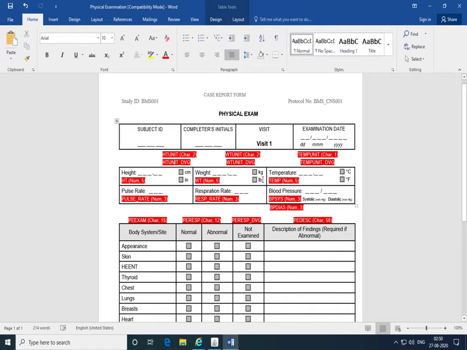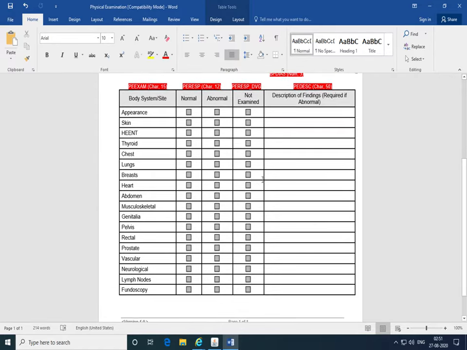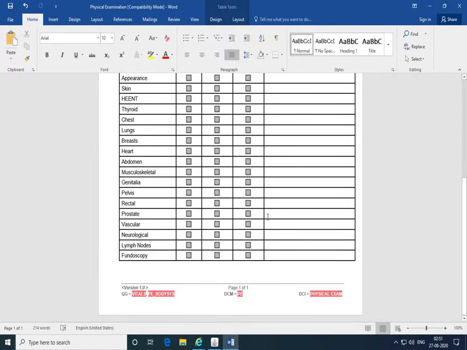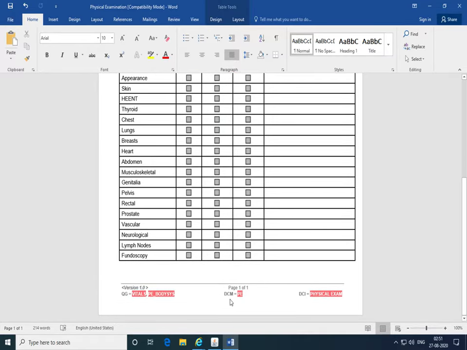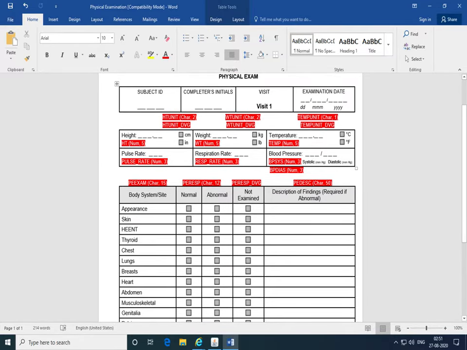So the case report form, all in all, is broken down into 5 major objects called CRF objects. This includes data collection instruments, which is the entire CRF, and data collection module, which is the body of the case report form.